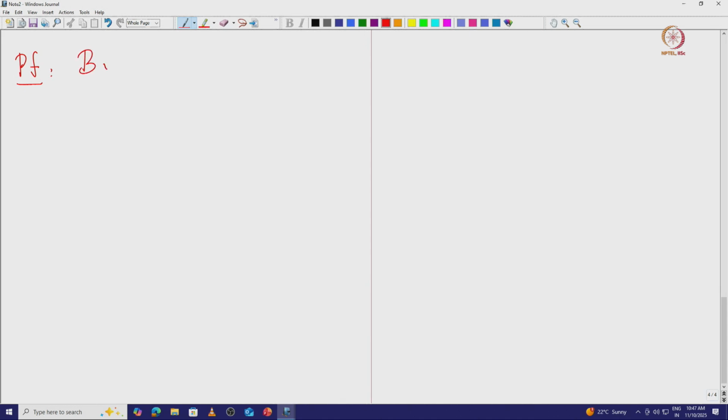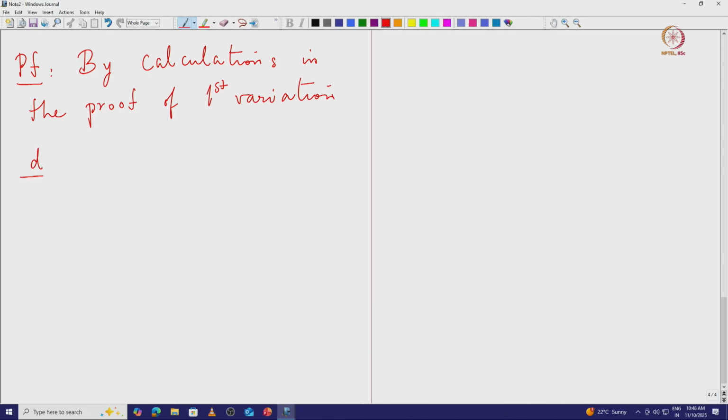So of course if you want to compute the second derivative, you first have to compute the first derivative, but luckily for us we have already calculated the first derivative. By the calculations in the proof of the first variation formula, if you take the first derivative, that is going to be the integral from a to b of this.